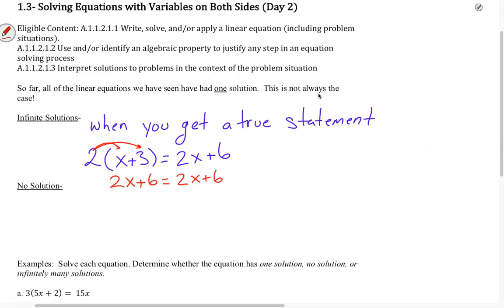And I notice that the left is equal to the right. That's true. That's infinite solutions. But if you don't believe me, I could subtract 2x from both sides, and that leaves me with 6 equals 6. And that is definitely true. So when the left is equal to the right, that's when you get infinite solutions. It's a true statement.